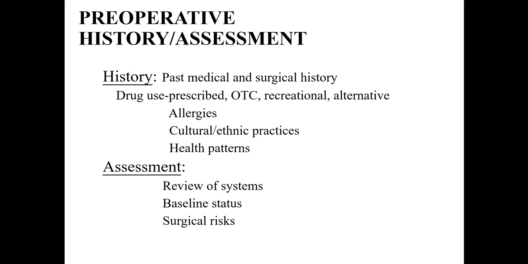Look at their musculoskeletal system. How are they moving? What's their range of motion prior to surgery? You want to discuss DVT prophylaxis. So use of the sequential compression devices, maybe the antithrombolytic hose, either knee high or thigh high, okay?